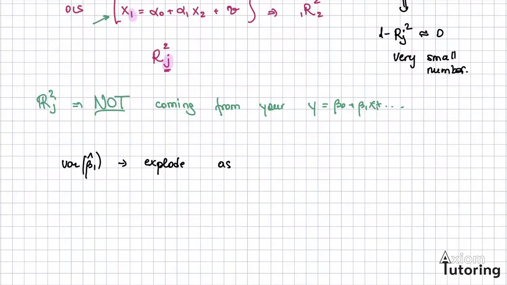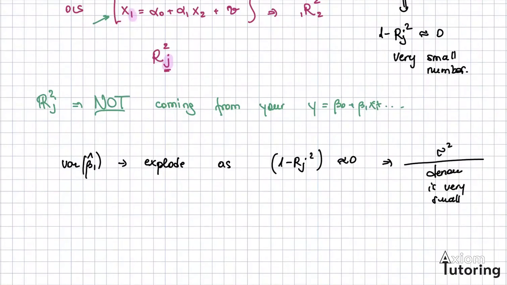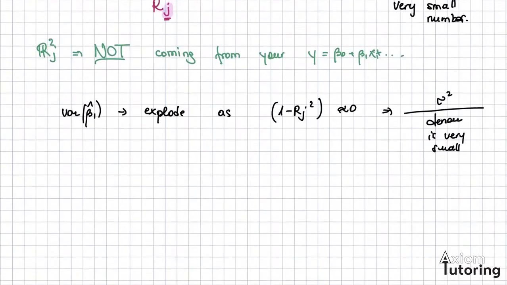As 1 minus Rj squared is very small, the entire denominator here is very small. So you have some sigma square being divided by a very small number. The variance is going to explode or blow up. This is the mathematical expression for multicollinearity.